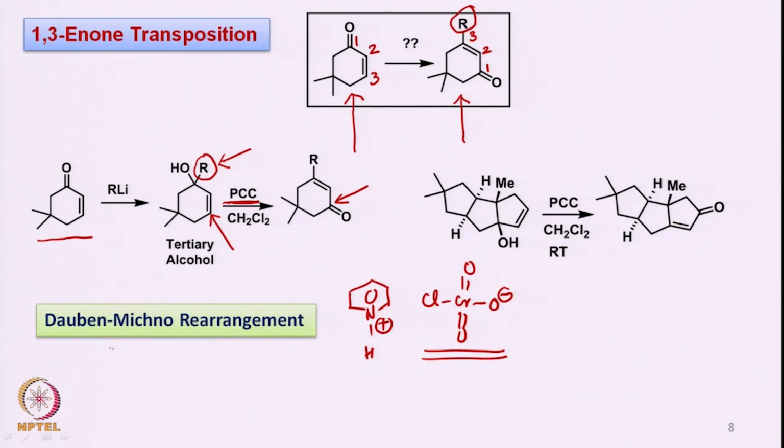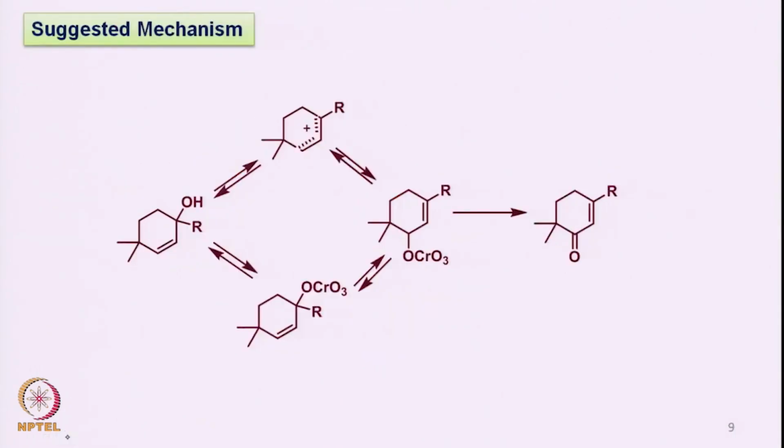Now this is what is called the Dauben-Michno rearrangement. Now how does it happen? These are the kind of intermediates that are formed.